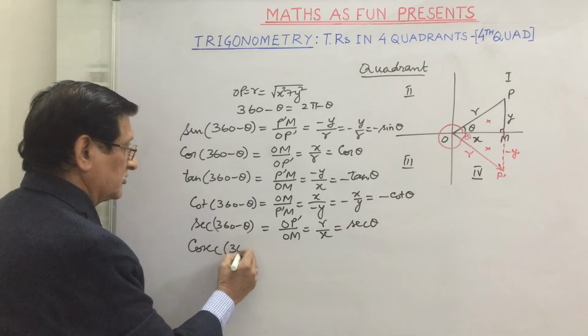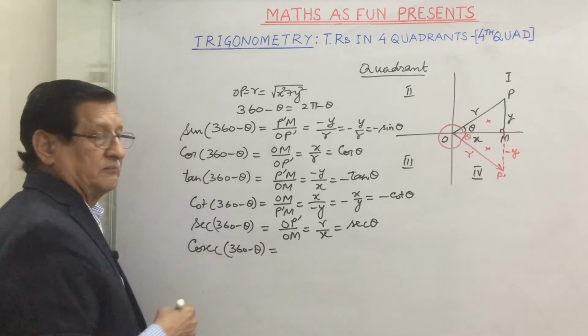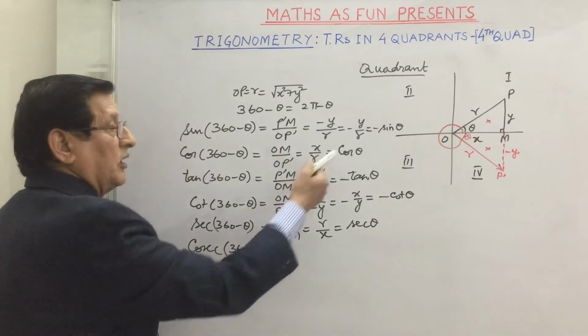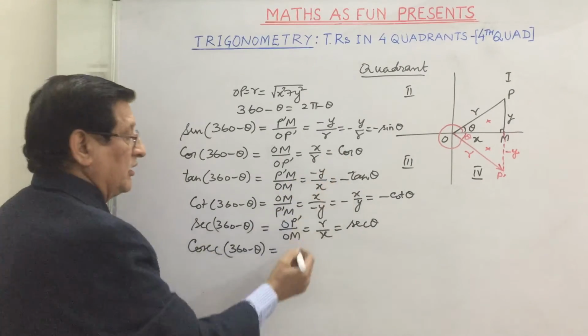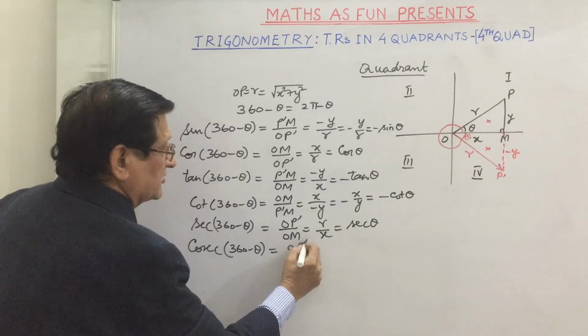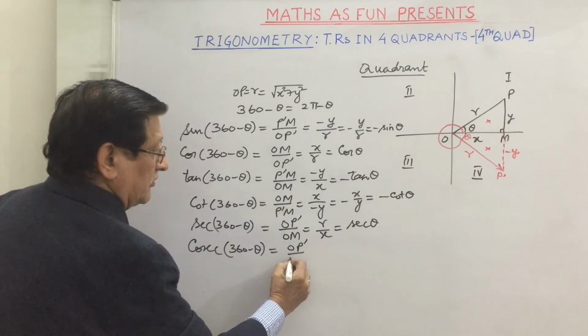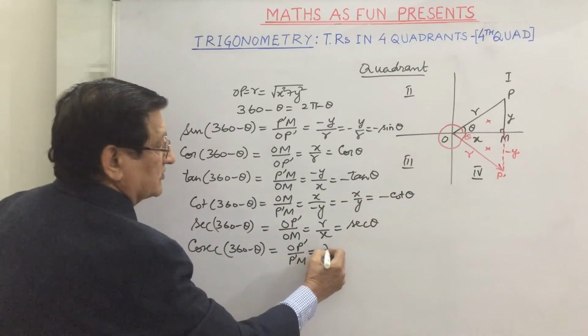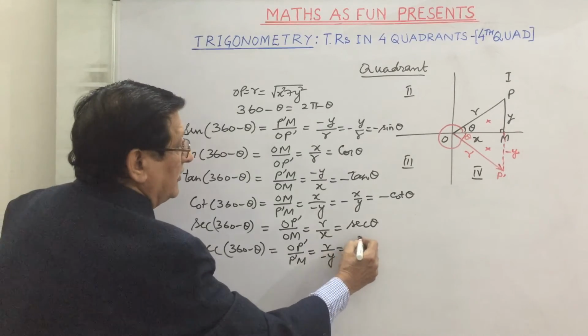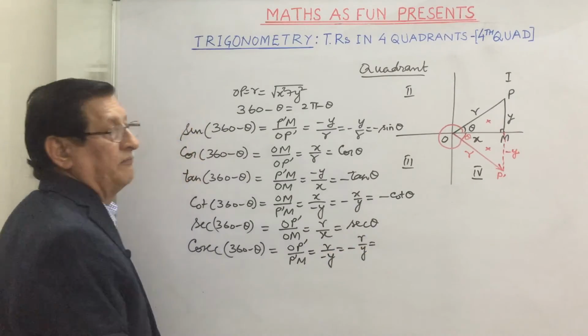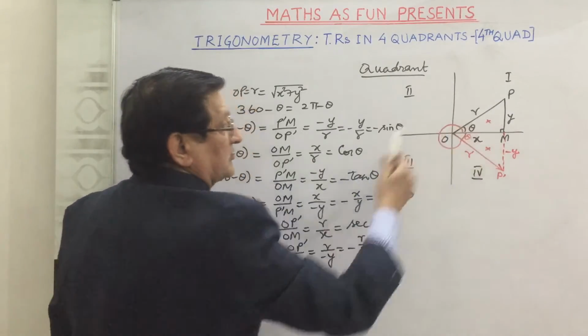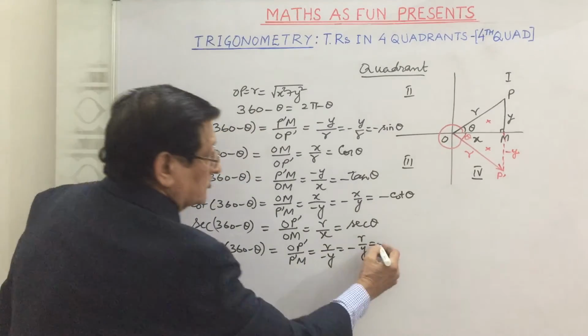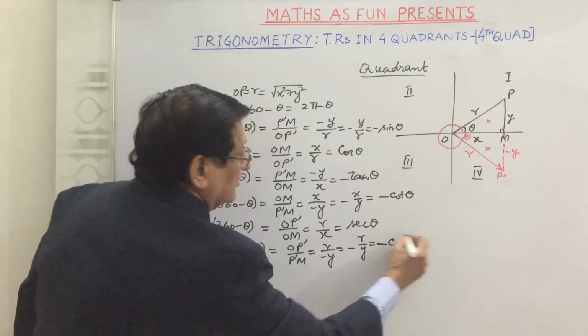When we go for cosec 360 minus theta, that will be hypotenuse upon perpendicular. Hypotenuse is OP dash. Perpendicular is P dash M. And this comes as r upon minus y or minus r upon y. And r upon y from this is cosec theta. So this comes as minus cosec theta.